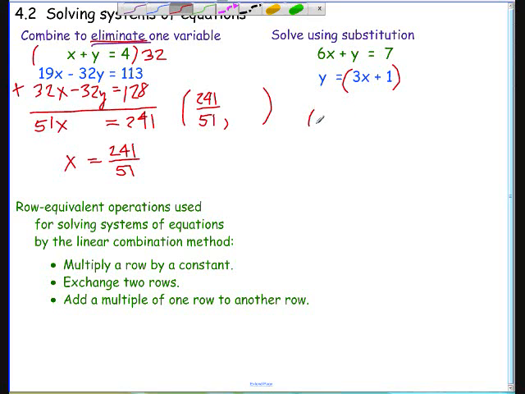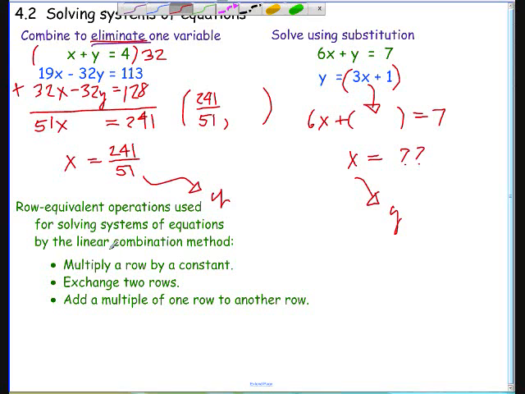So I can say 6x plus my y, and I'm just going to pop that down in there, is equal to 7. So in the end here, I'll have x equals something. I'm not going to figure out what it is right now. And then I'll have to go on and figure y. Same true here. I have to go on and figure y.